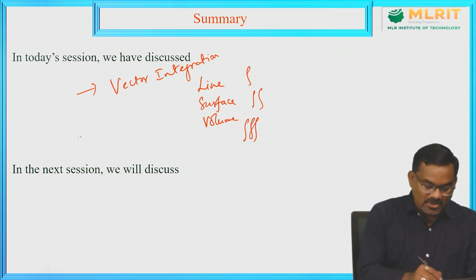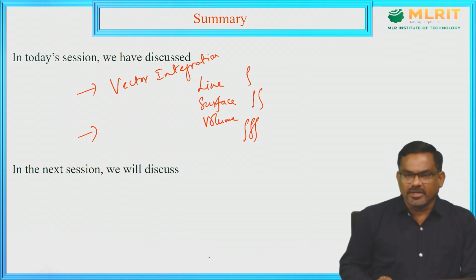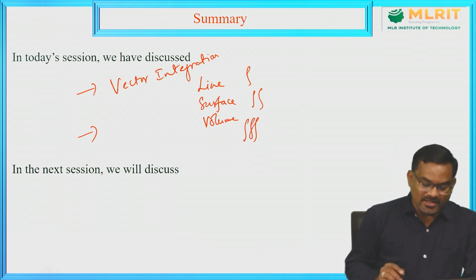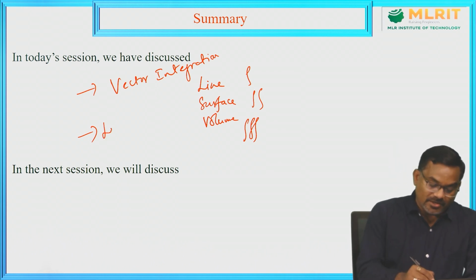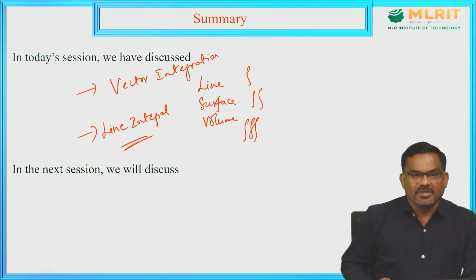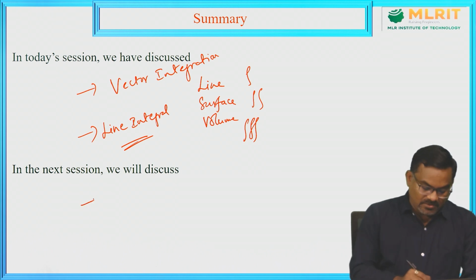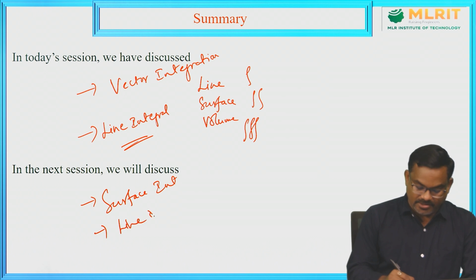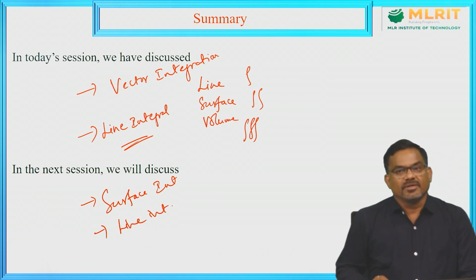And also I have defined some important definitions, introduced line integral and solved two problems on line integral. So in the next session, we will discuss the surface integral and also solve some more problems on line integral. So this is for today's session. Thank you very much.